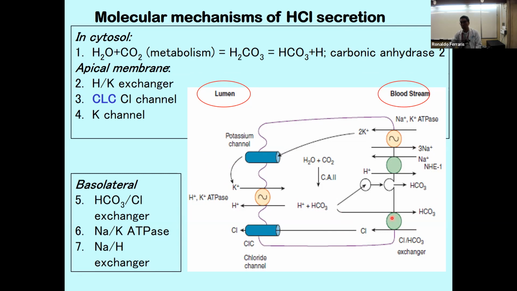It's because of this activity, mainly this one, extruding a lot of bicarbonate to the blood side. Of course, we have the sodium potassium ATPase, and we also have the sodium hydrogen exchanger playing a minor role in electrolyte balance.